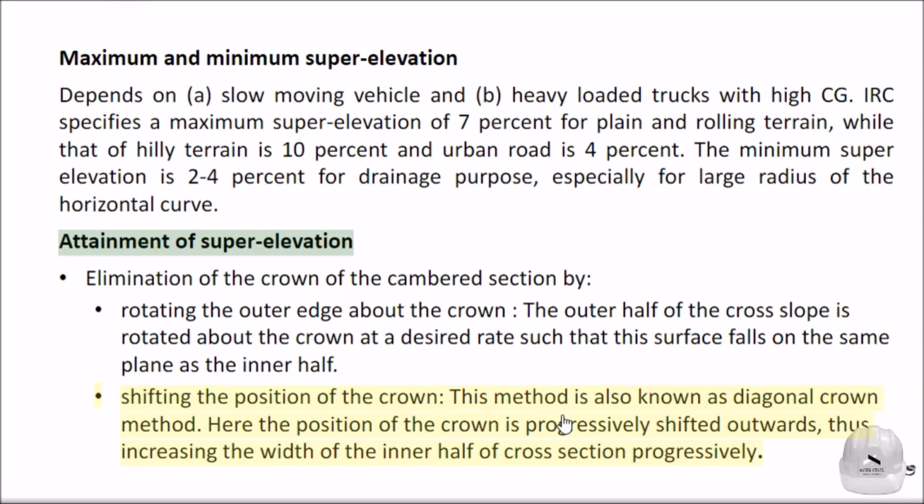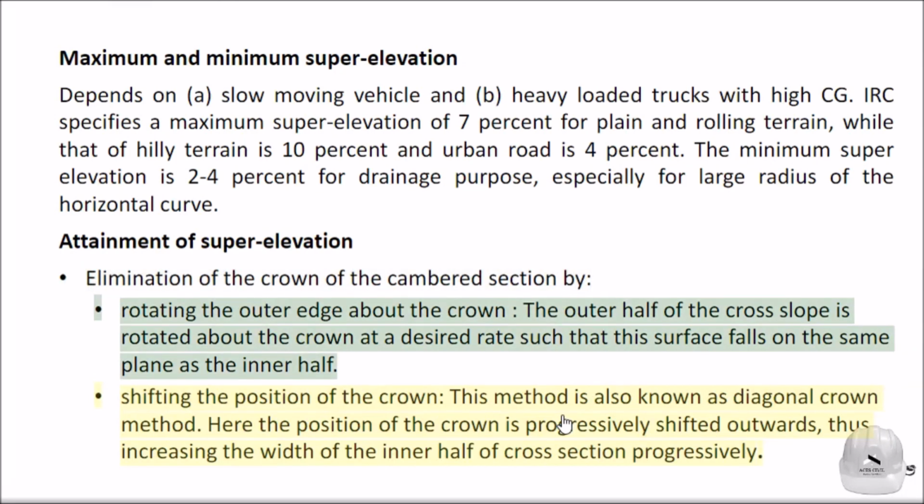Attainment of superelevation. Elimination of the crown of the cambered section by rotating the outer edge about the crown. The outer half of the cross slope is rotated about the crown at a desired rate such that this surface falls on the same plane as the inner half.